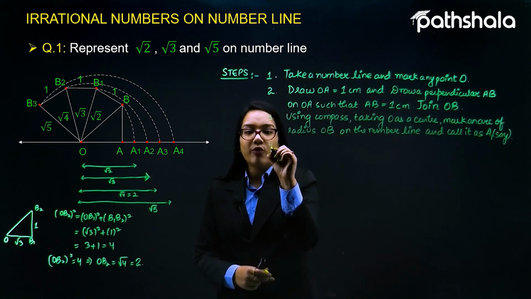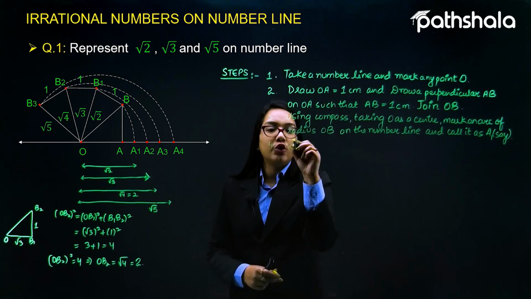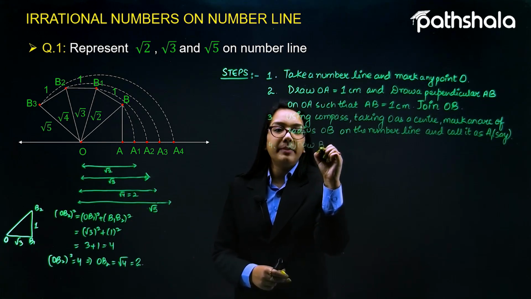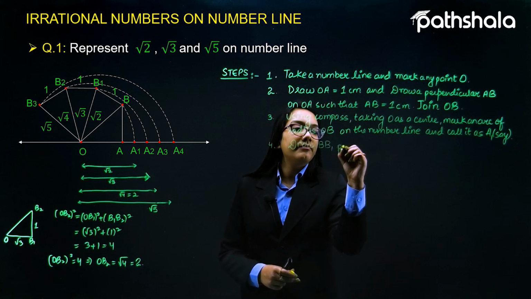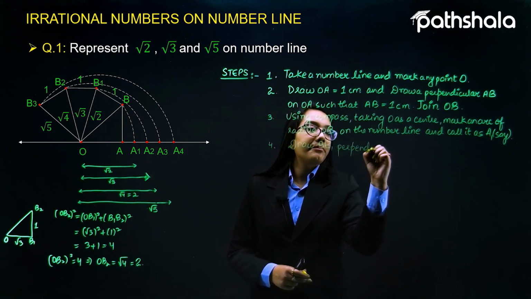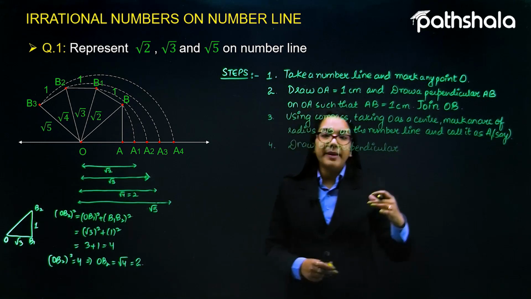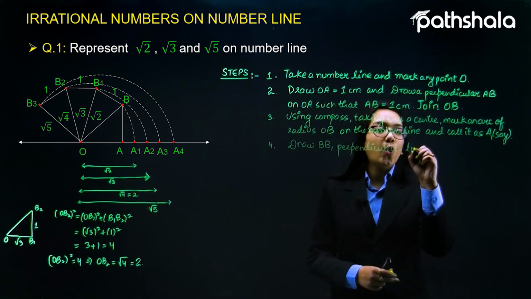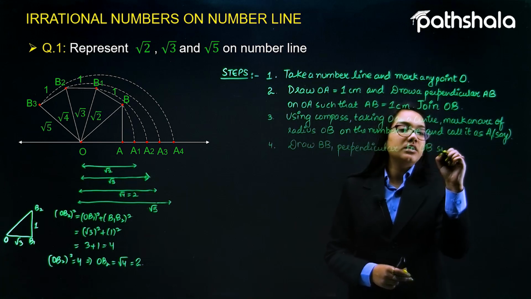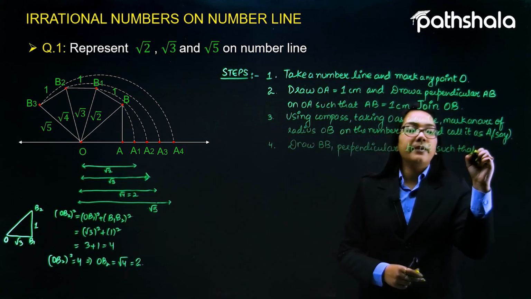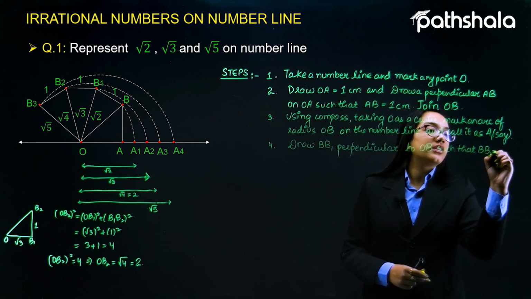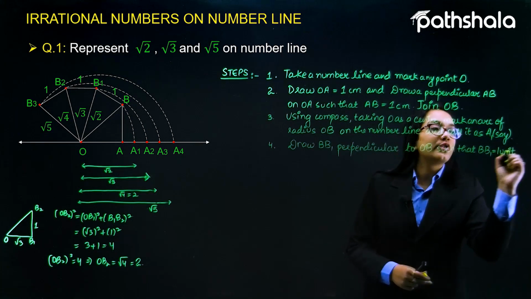So the step number 4 would be like: draw BB1 perpendicular to OB such that BB1 is of 1 unit again.